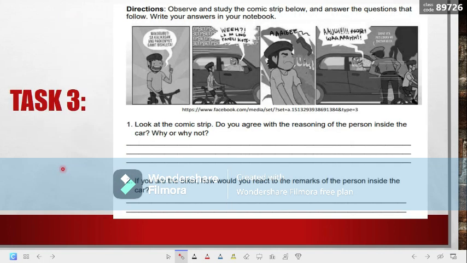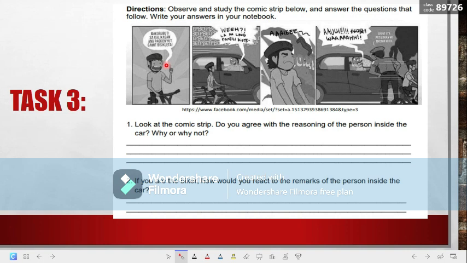Now, let us proceed to task number 3. Here's the directions. Observe and study the comic strip below and answer the questions that follow. Write your answer in your notebook. So I'm going to read the conversation in the comic strip. So this is in Filipino language or Tagalog.